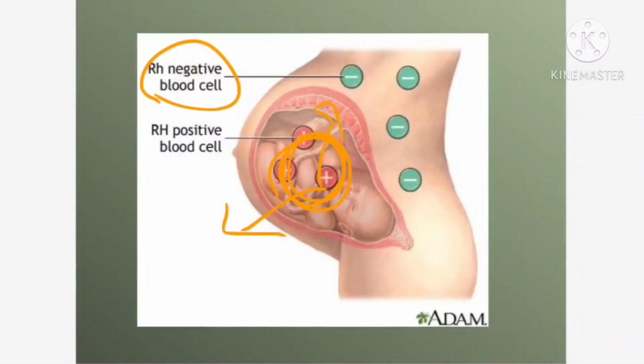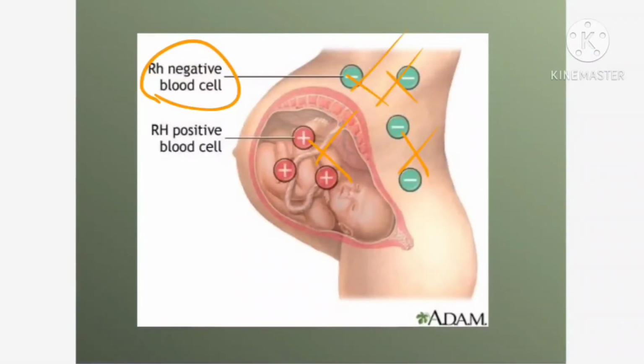Because the placenta and everything is coming out, the blood is being evolved, the umbilical cord is cut. So, you can find some mixing is taking place between the mother's and the baby's blood.